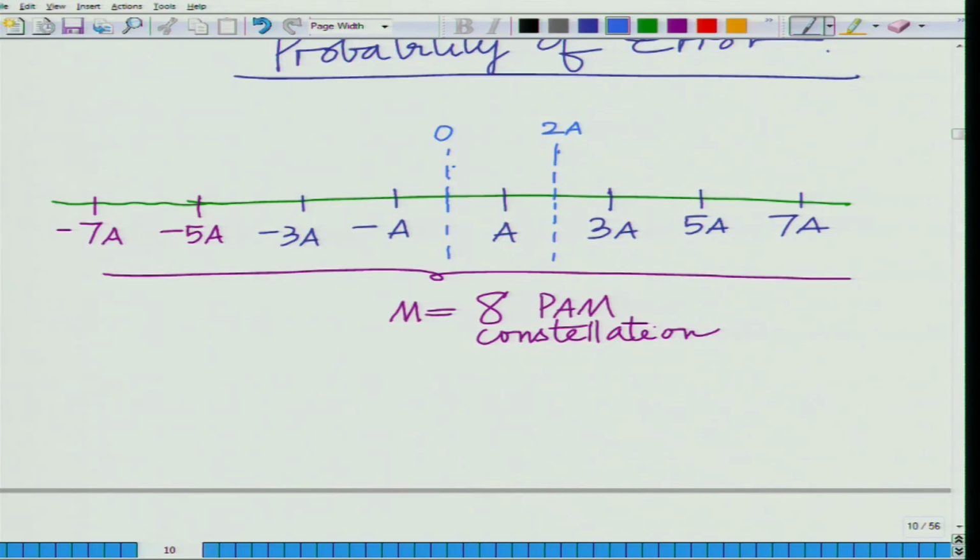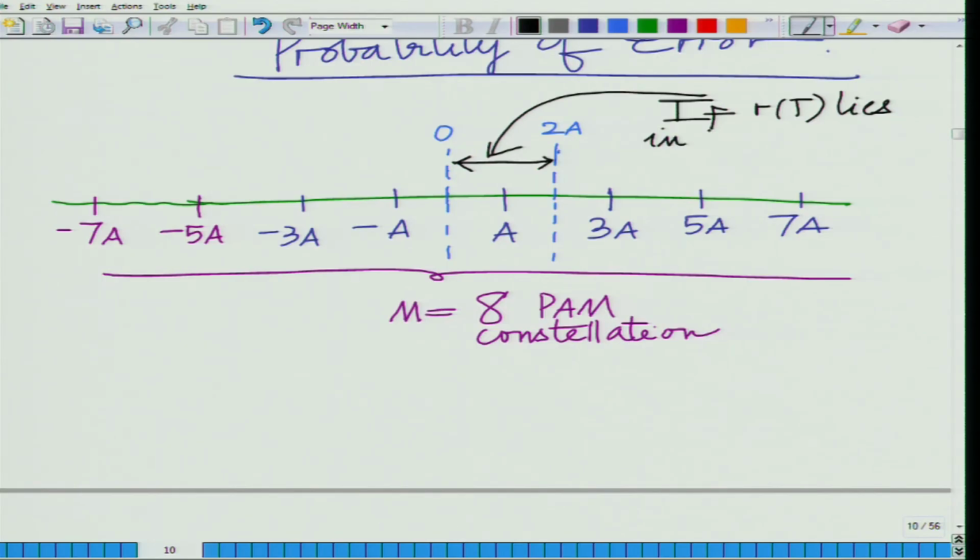So, if RT lies in this region, that is, we are using something very similar to BPSK again, because it has two constellation points. So, if RT lies in this region, decide A naught is equal to A.